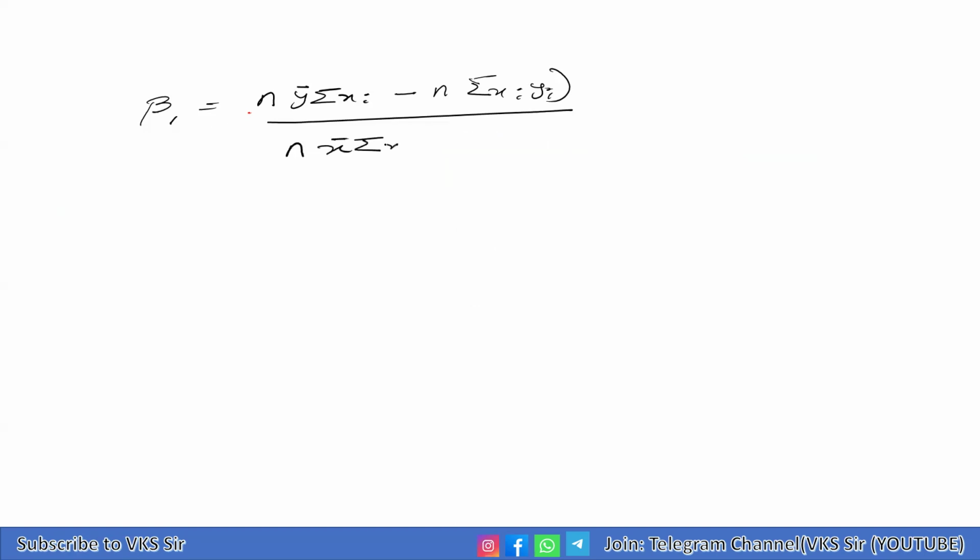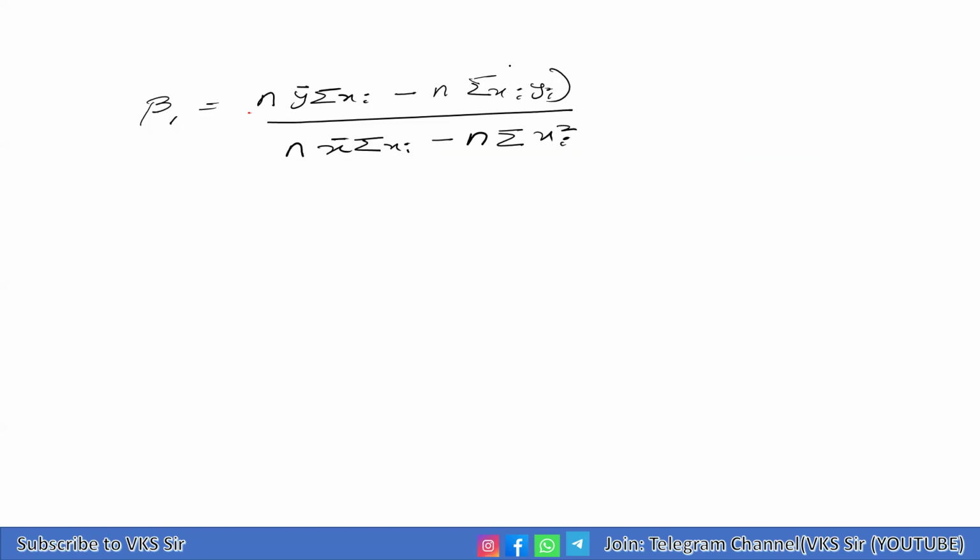Then we get n y mean sum of xi, again n sum of xi yi, and now divided by n x mean sum of xi, then n sum of xi square.